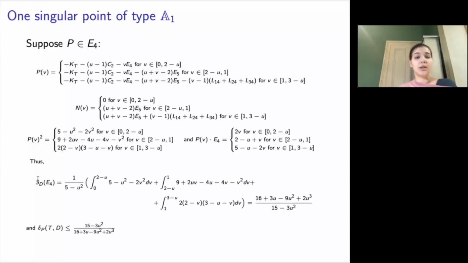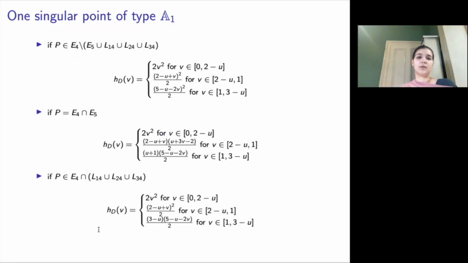After we compute the S integral and get the estimation from above, we see that it's some function of u. So for different u's, we have different numbers, basically. And similarly as before, we compute the h function for each point of this divisor E4.